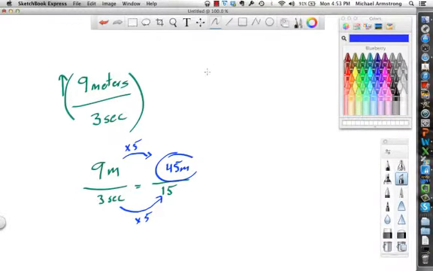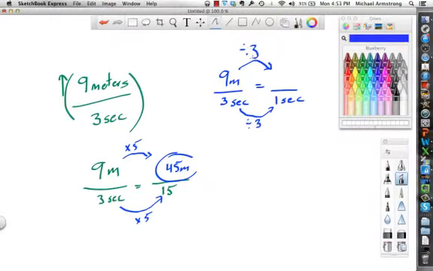They start with this 9 meters in 3 seconds. And they find a unit rate, which is out of 1 second, which is divided by 3. So they divide it by 3. And 9 divided by 3 is 3. So it's up 3 meters every 1 second. This is a unit rate.